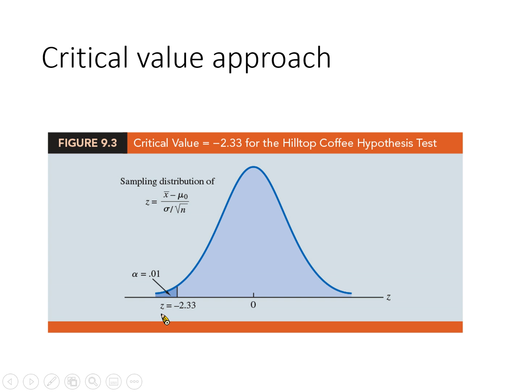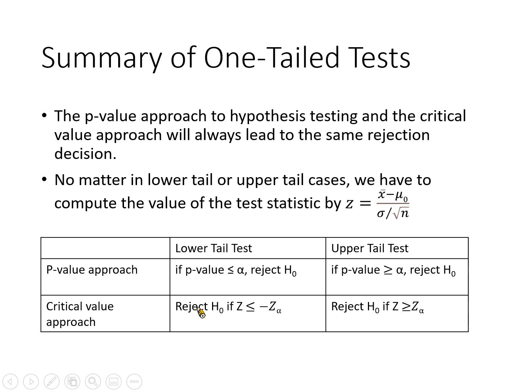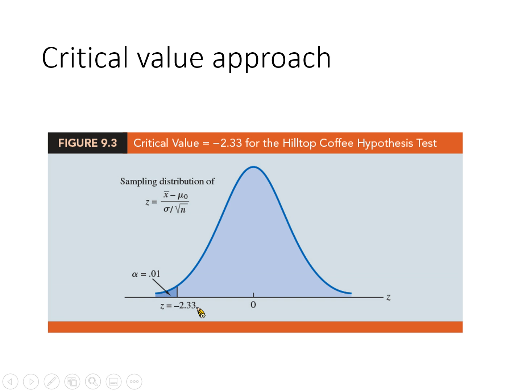So you can check your z-value table for the probability 0.01 to get the z-value of negative 2.33. And then you can also calculate the z-value you get from your sample.